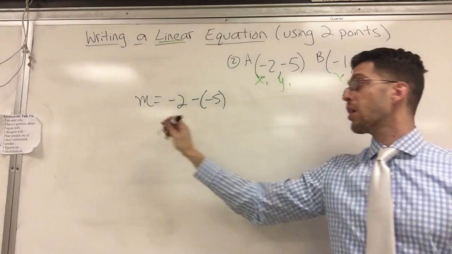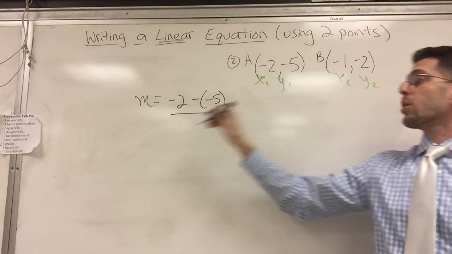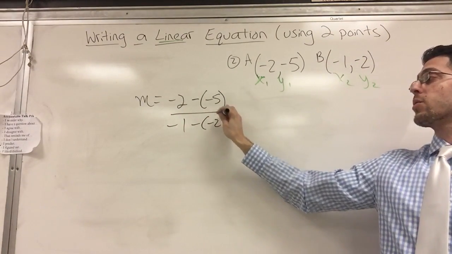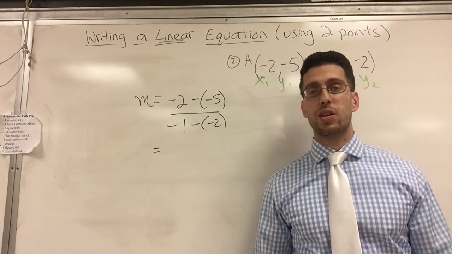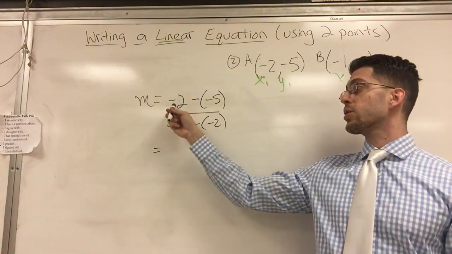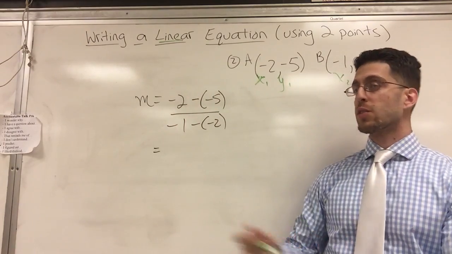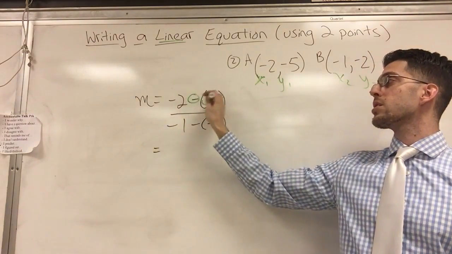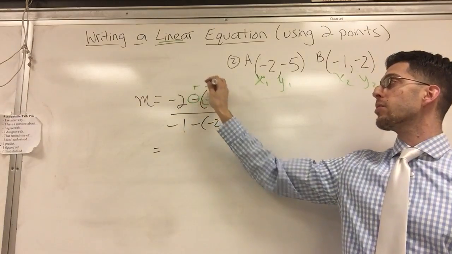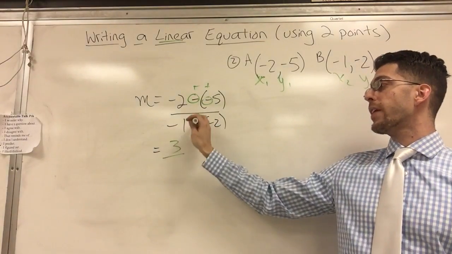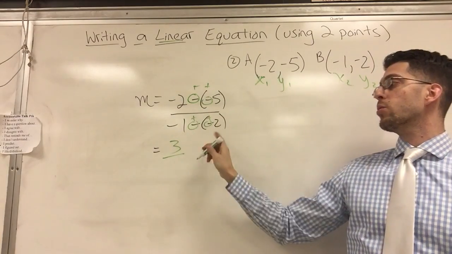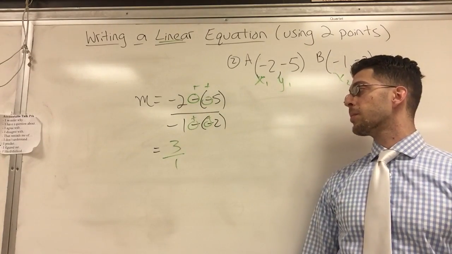No, you gotta put both. Over -1 minus -2. Now, if you're scared of subtraction signs, get the calculator. If you know what to do, you actually do keep change opposite, so it becomes -2 plus +5, which is actually +3, over -1 plus +2, which is actually +1.